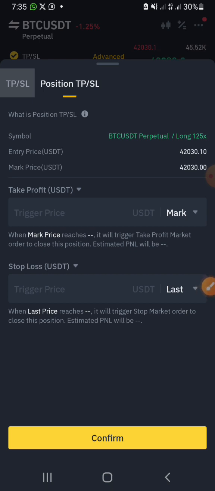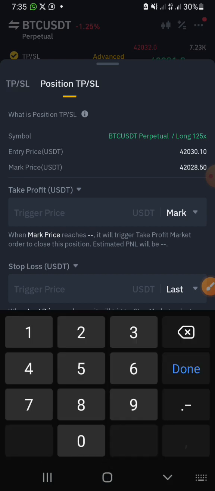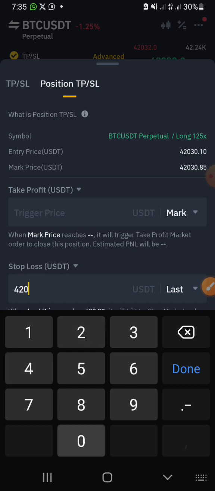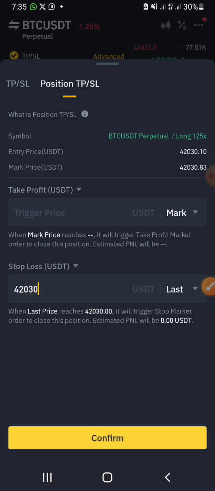For instance, I'm in about 20% profit, so I'll move my stop loss to my entry point, which is 42,030. It means if the trade eventually goes against me, I will not have a profit and I will not have a loss.